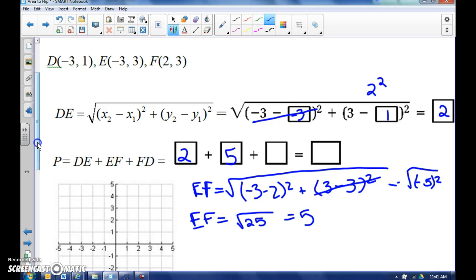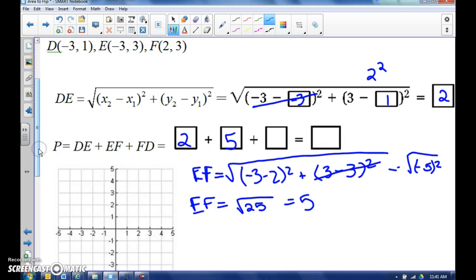So we have my next piece. Now let's do FD. FD equals square root.